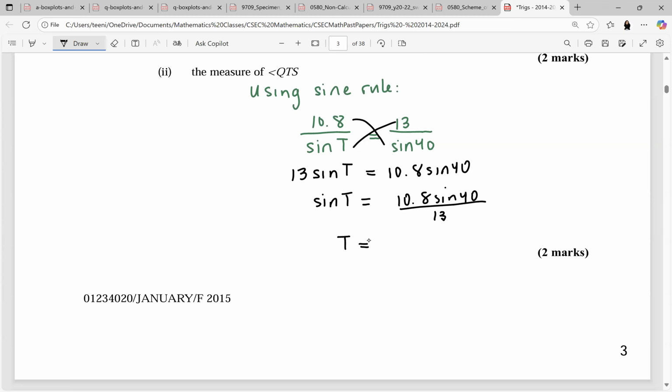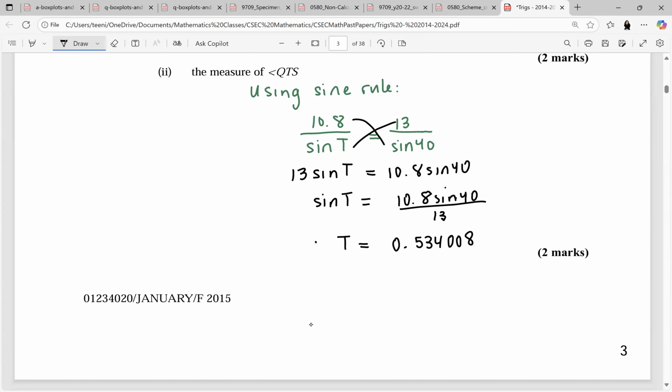What do you get when you work it out? 10.8 sine 40 divided by 13. I'm hearing you, but I feel like you can't hear me. 0.534. Yes. 0.534008. Yeah, good.